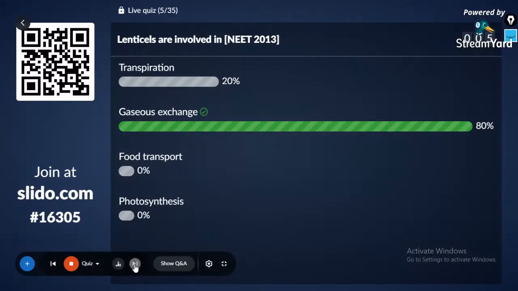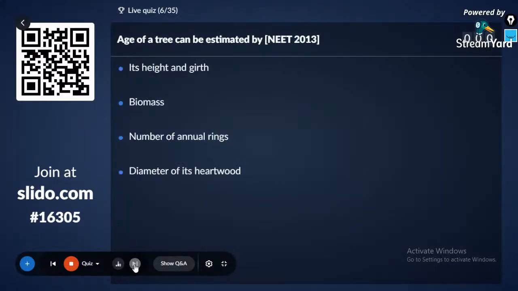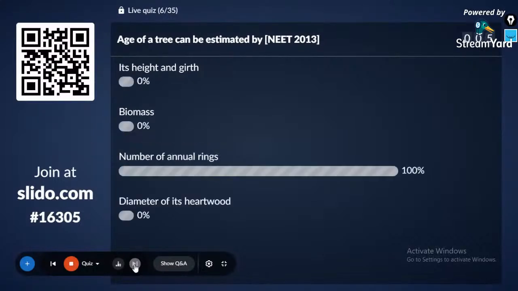Next one, again NEET 2013. Age of a tree can be estimated by counting the number of annual rings. Perfect.